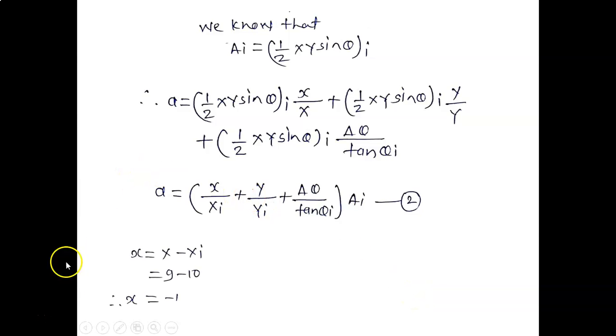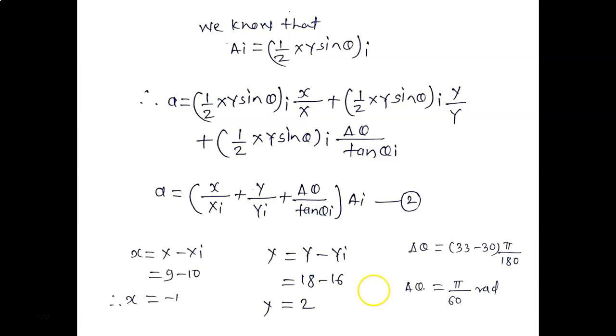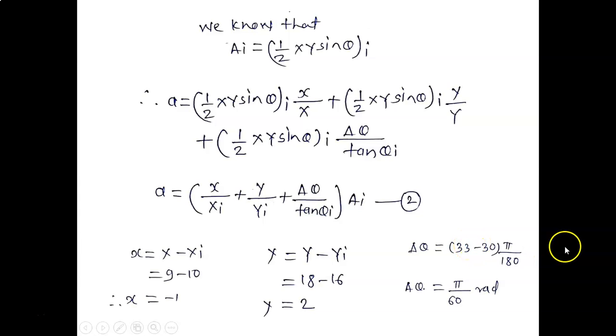What is small x? From the graph we have seen last time, that is in the previous slide, small x is equal to x minus xi, which is equal to 9 minus 10, therefore small x is equal to minus 1. Similarly, small y is equal to y minus yi, which is equal to 18 minus 16, therefore small y is equal to 2. Now delta theta is equal to theta minus theta I. What is theta? 33 degree, minus 30 degree, therefore 33 minus 30 into pi by 180, therefore delta theta is equal to pi by 60 radian.